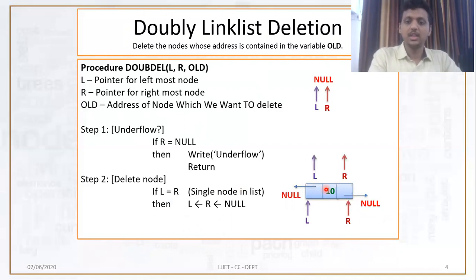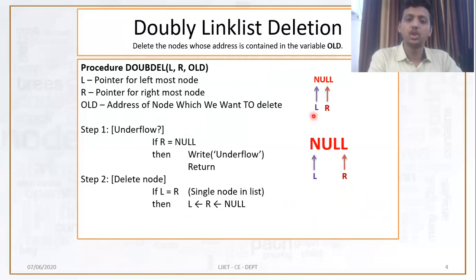So the first case is cleared, that is, only a single node is there, and if I want to delete a single node, then L and R both point to null. Got it? Fine. Okay, next.